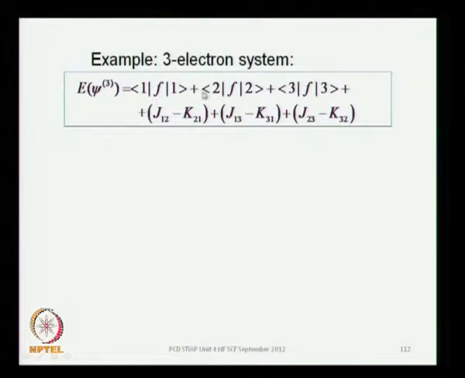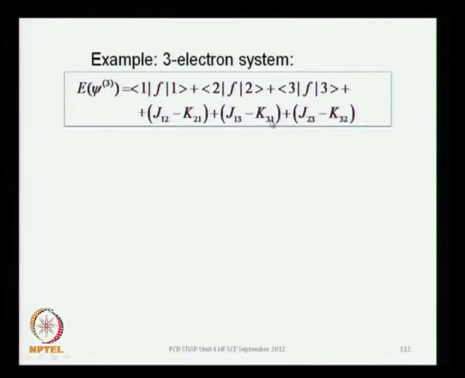There are these 1 electron integrals, which is the matrix element of the 1 electron operator in the state 1, 2 and 3, and then there will be pairs of terms, the Coulomb minus the exchange, which is how they come in pairs, between electron 1 and electron 2, electron 1 and electron 3, and electron 2 and electron 3, right.